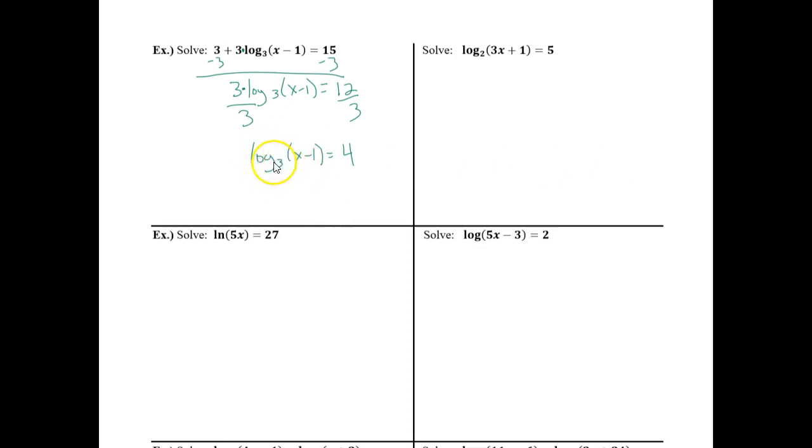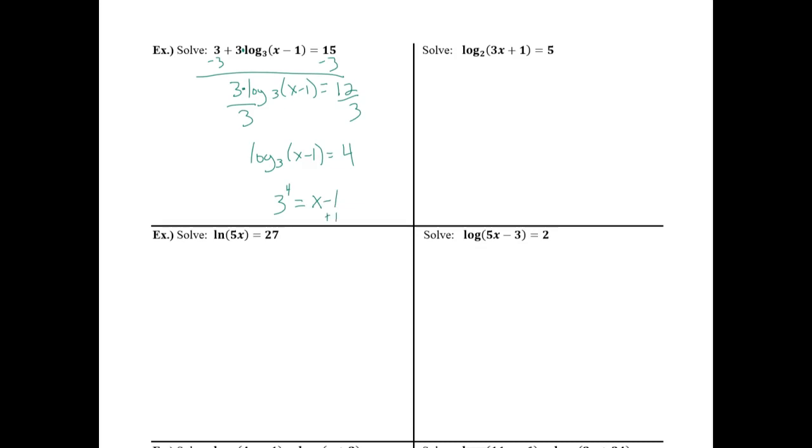So to undo logs, we use exponents or exponential form. So I have to rewrite this exponentially. Start with the base. The base is 3. Logs equal exponents. So this log equals 4. The exponent is 4. That will equal the only thing we haven't used yet, x minus 1.